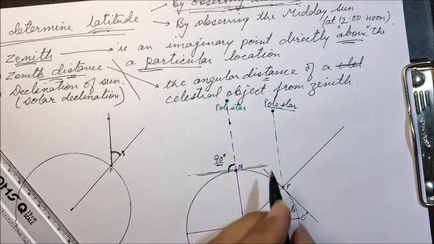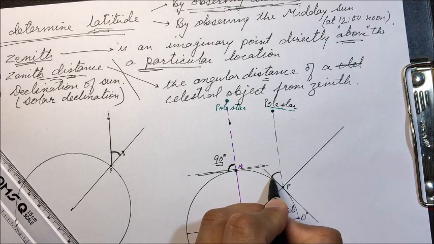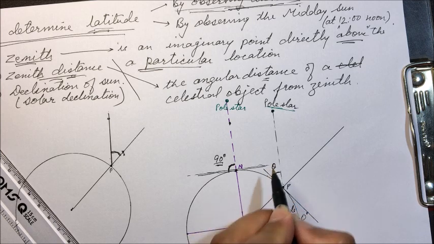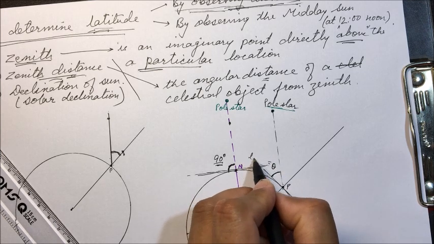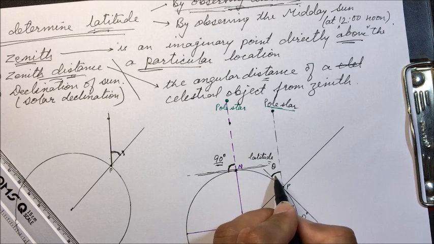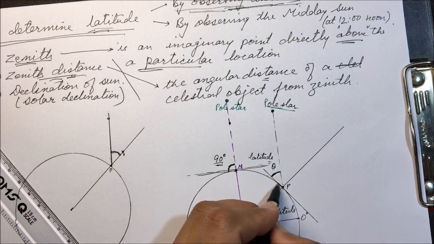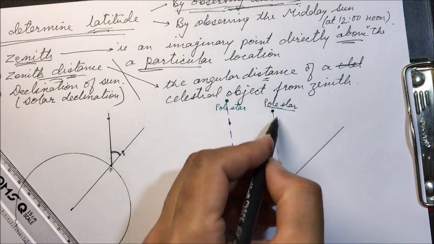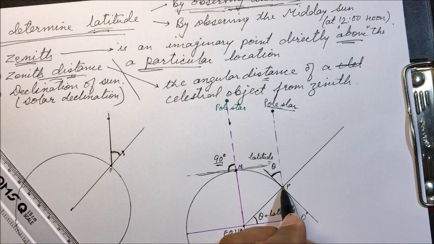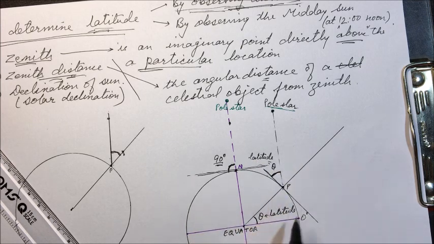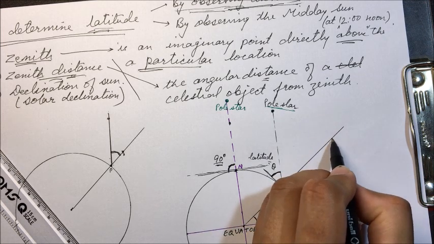So this will be the horizontal line, and this angle will be theta. This angle will give us the latitude at this point. We also call it altitude angle, because if we are standing here, it is the altitude at which the pole star appears at this location.